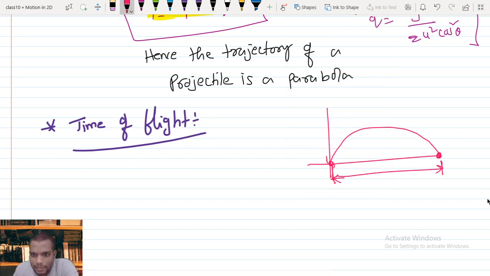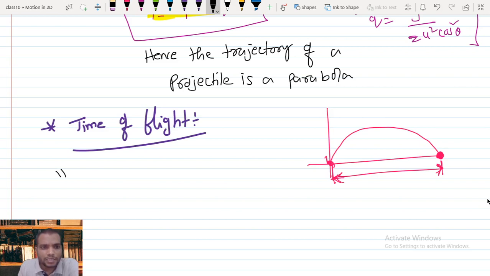The vertical displacement initially is 0, and finally also it is 0. The vertical displacement in this case goes to 0, because the projectile is launched from the origin, and again it lands on the same x-axis only. So that's the reason the vertical displacement covered during the time of flight is equal to 0.